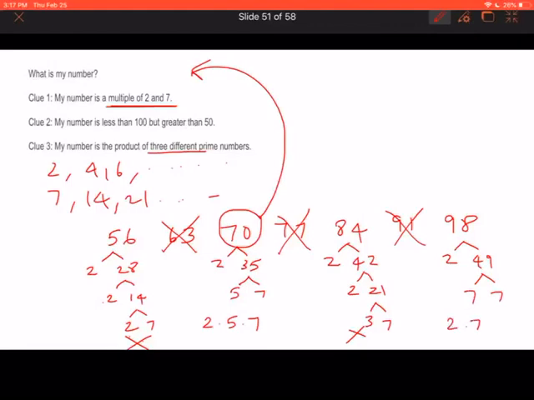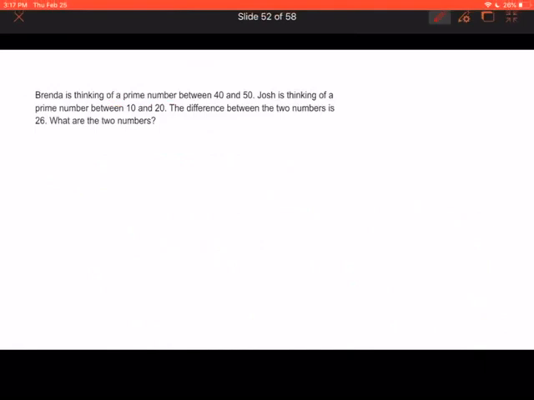So it also has three factors, but we want the product of three different prime numbers. So this also loses the quality. So 70 is the correct answer. See how the knowledge of prime numbers helps us to solve the problem.